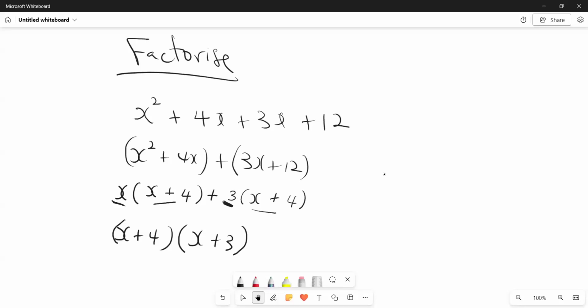So here you were able to write this very complicated thing that has 4 terms as a product of 2 pairs of terms. You have written this sum as a product, something multiplied by something.